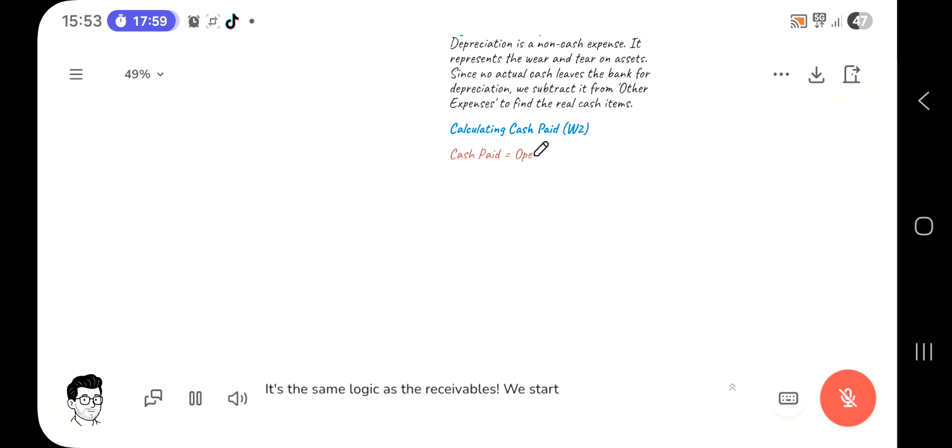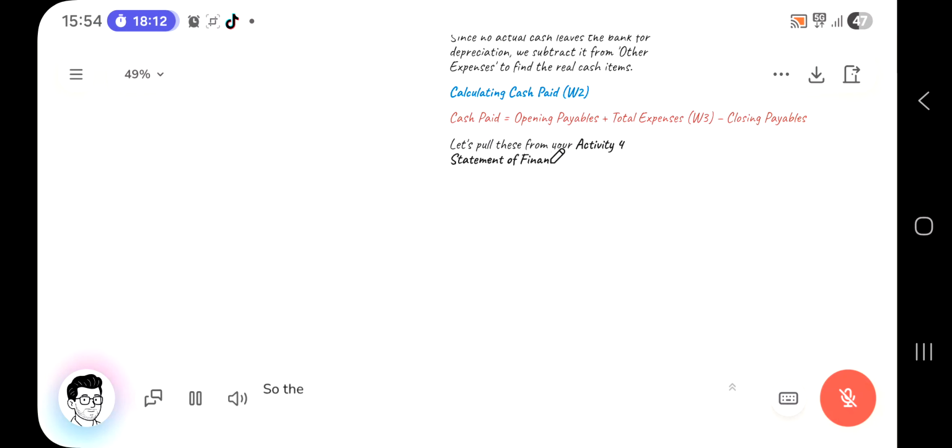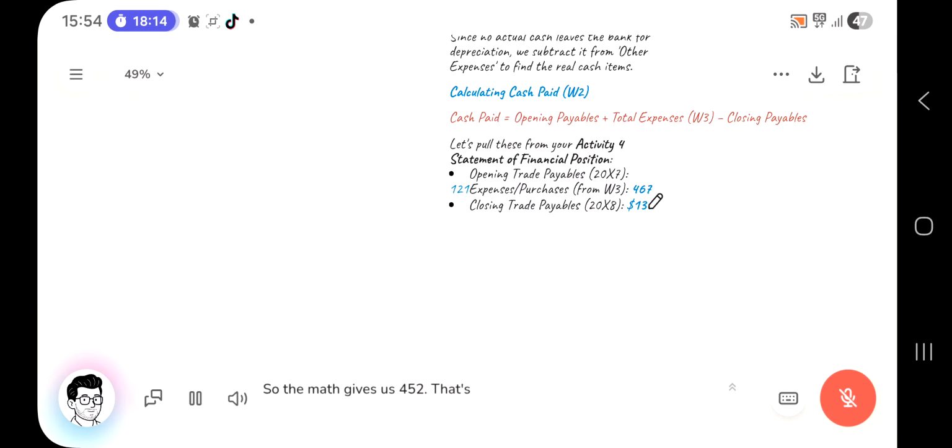We start with what we owed at the start, add what we bought or spent during the year, and subtract what we still haven't paid by the end. So the math gives us 452. That's the cash that physically left the bank account to pay suppliers. Ready to put these two big numbers together in the final statement?